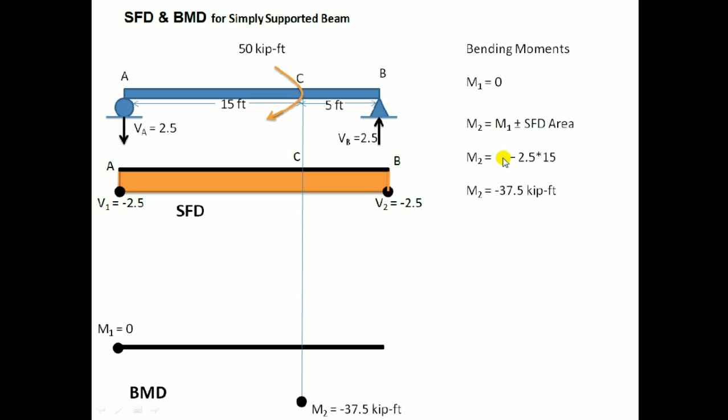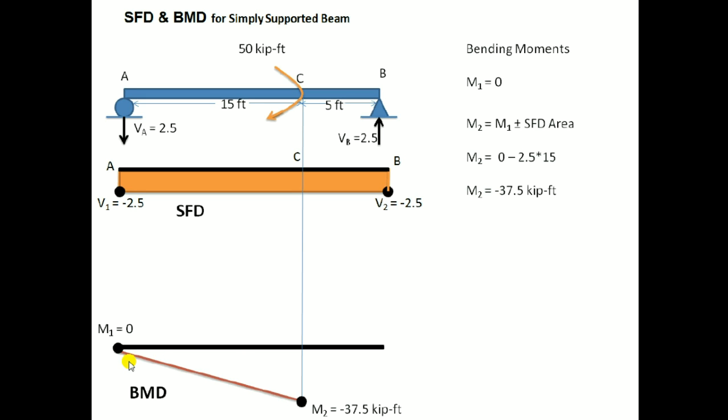M1 is 0, the previous moment, minus this SFD area, which is 2.5 into this 15 feet, the SFD area between A and C. We subtract it from the moment here because it is downward. We will add it if it is upward from the baseline. AB is the baseline, and the shear force area is downward, so that is why we subtract it. This way we find M2.